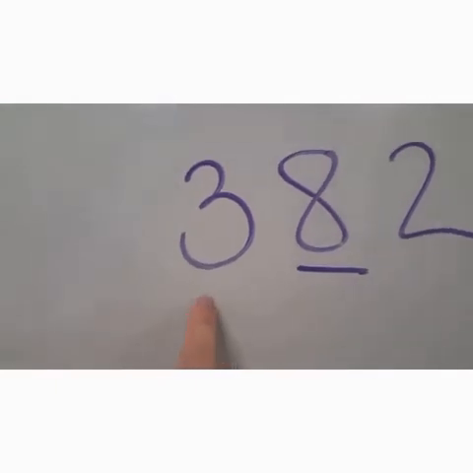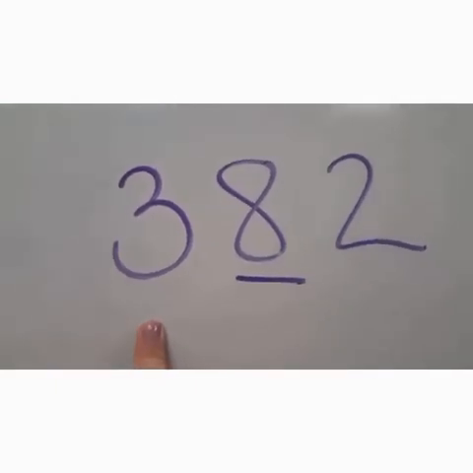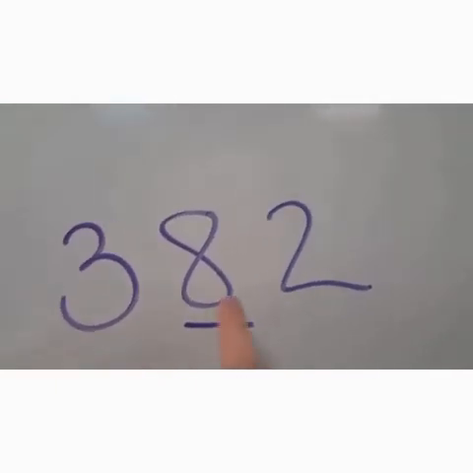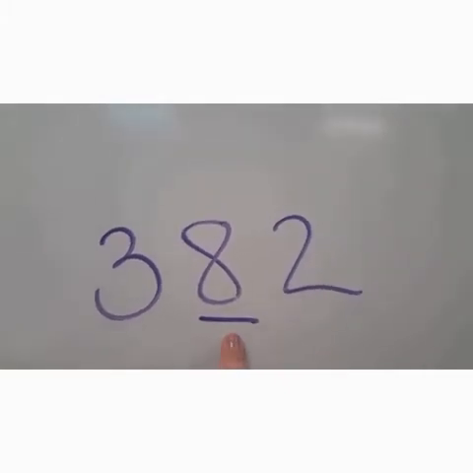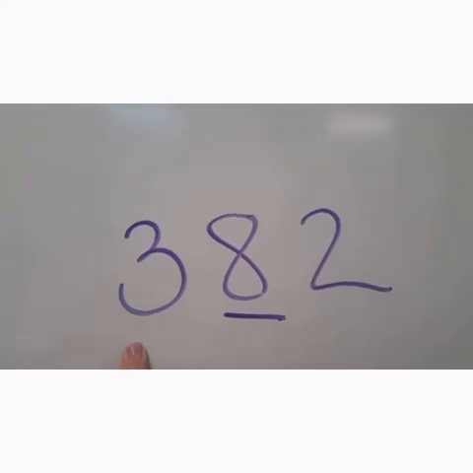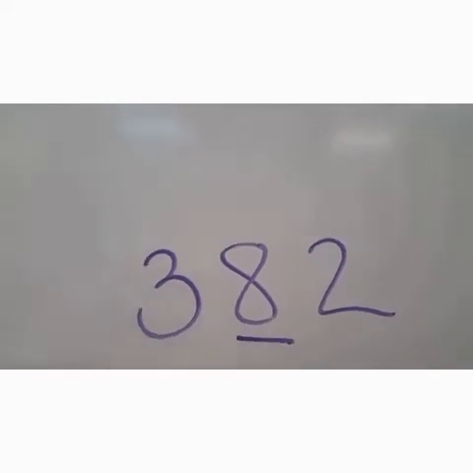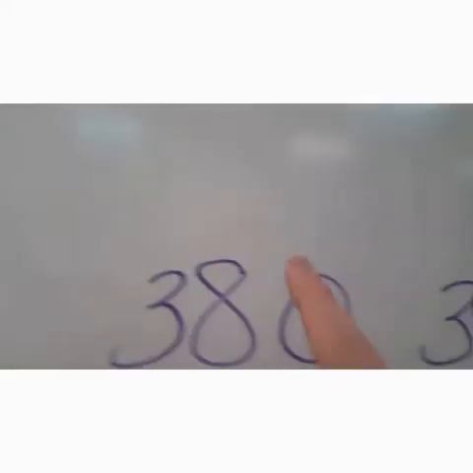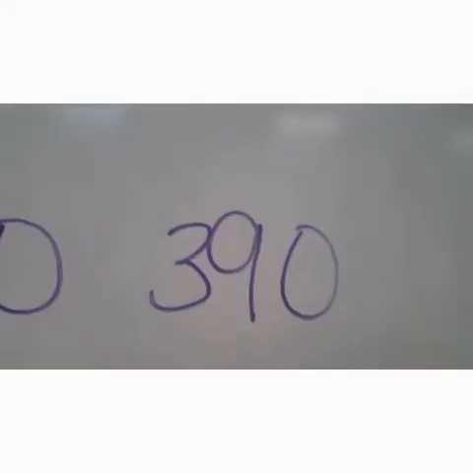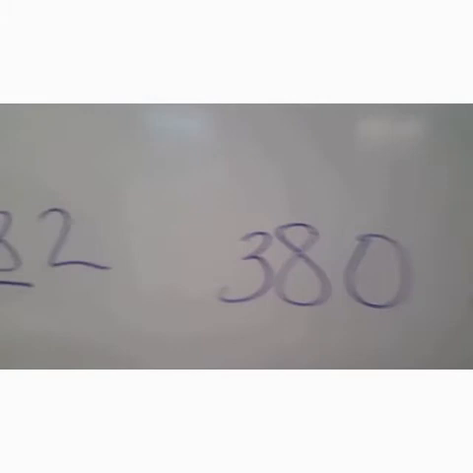The 100 is going to stay the same. We are not going to change that. We're trying to figure out if this 10 is going to stay an 8 or become a 9. We're trying to figure out what this is closer to, 380 or 390. Those are your only two options.